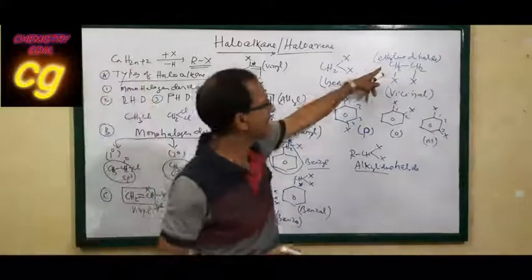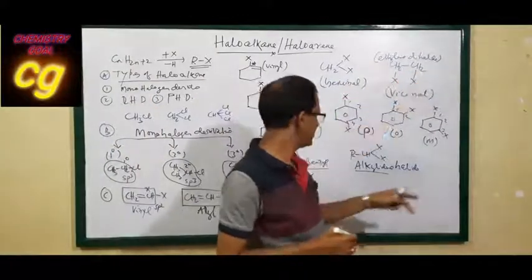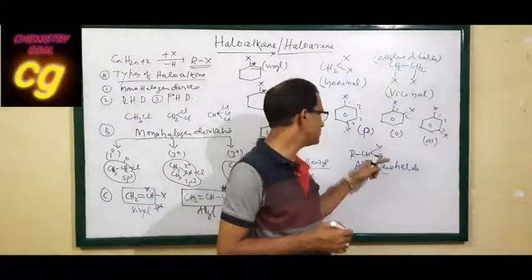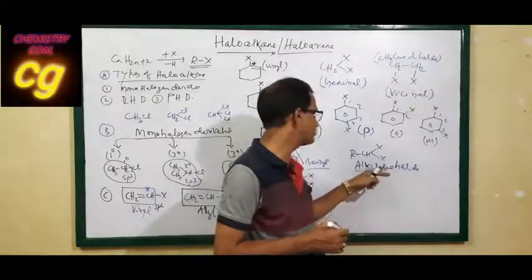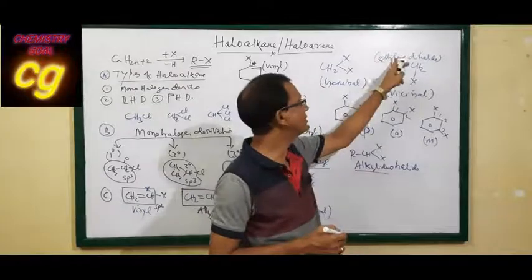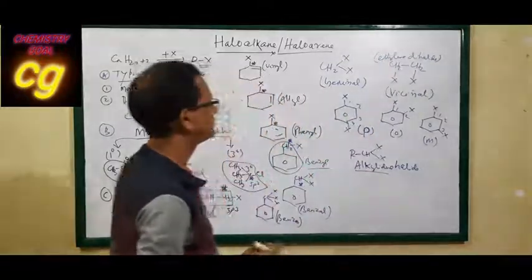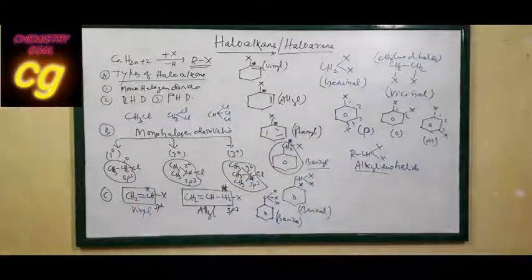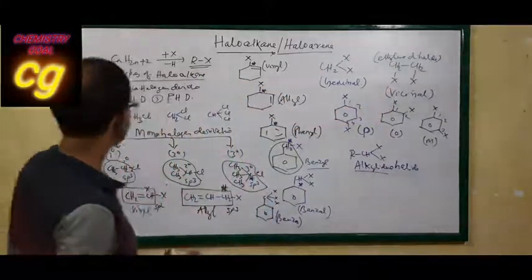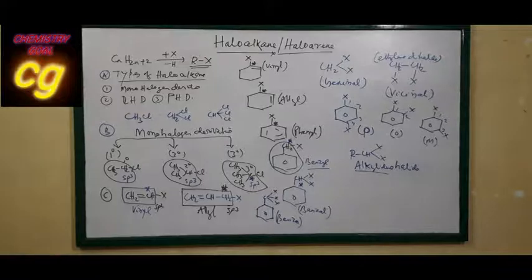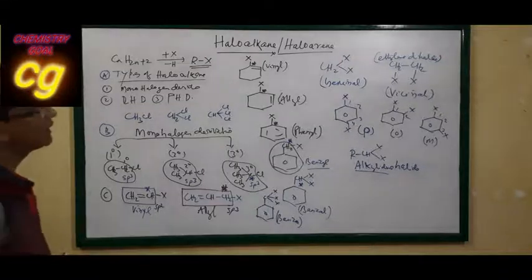So alkylene dihalide is vicinal, and alkylidene is gem. This is the difference between gem dihalides and vicinal dihalides. So these are some types of haloalkane and haloarene.